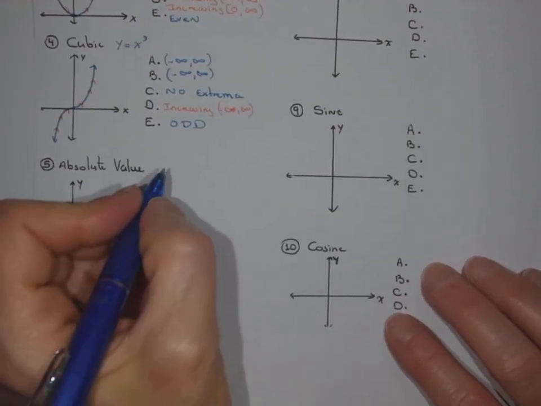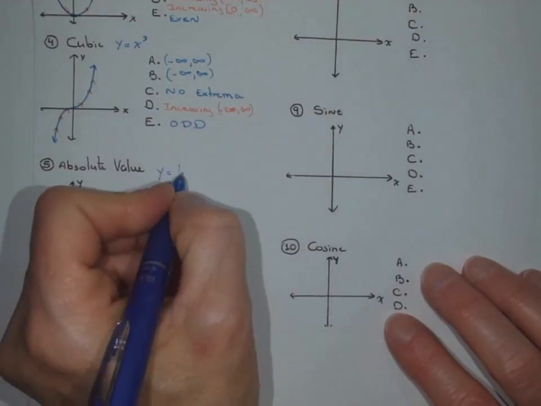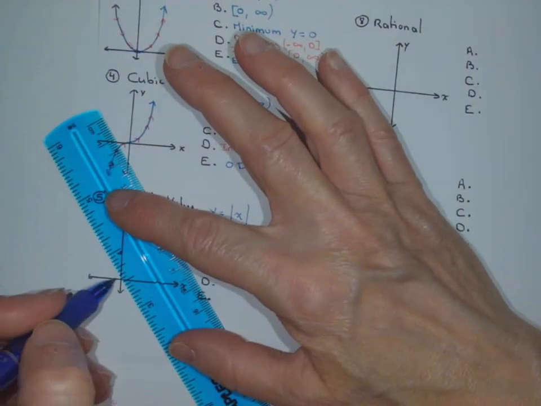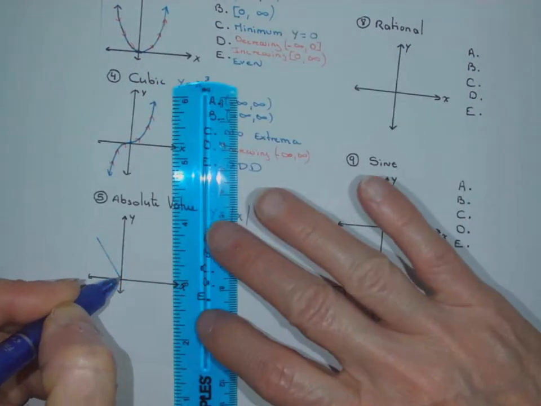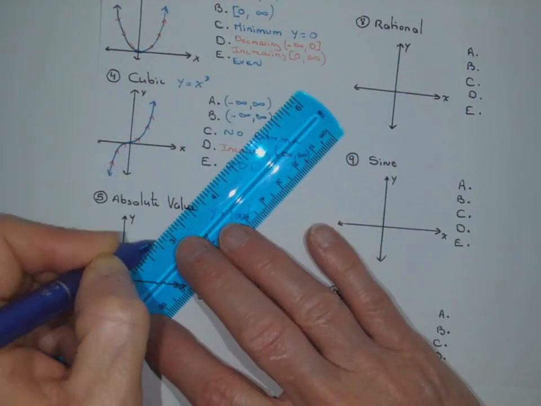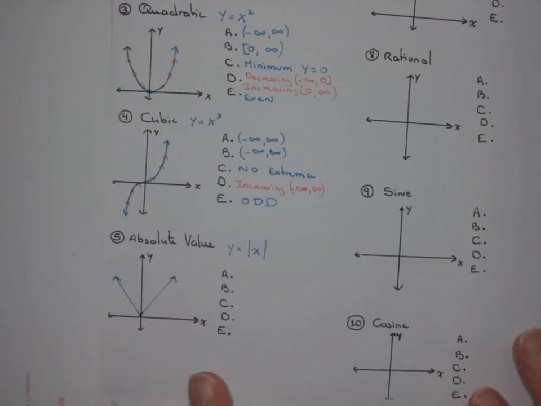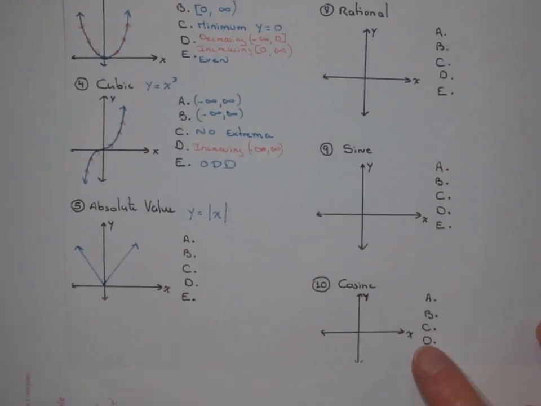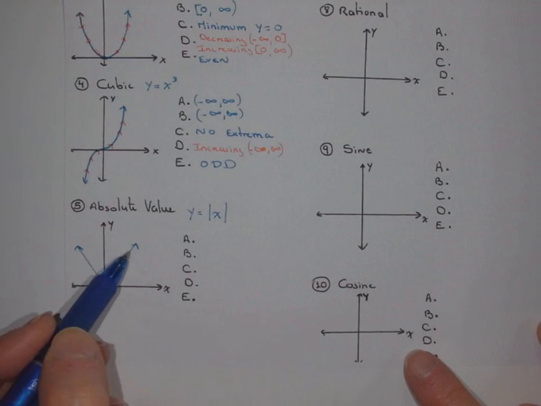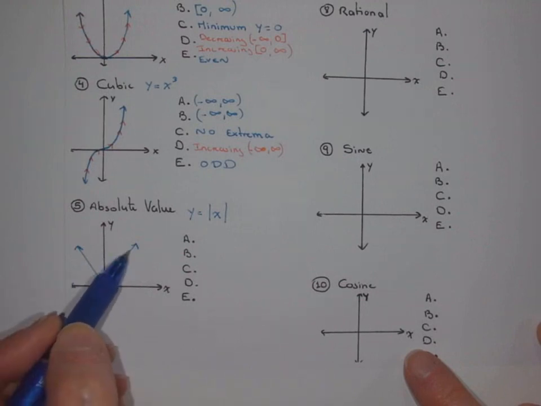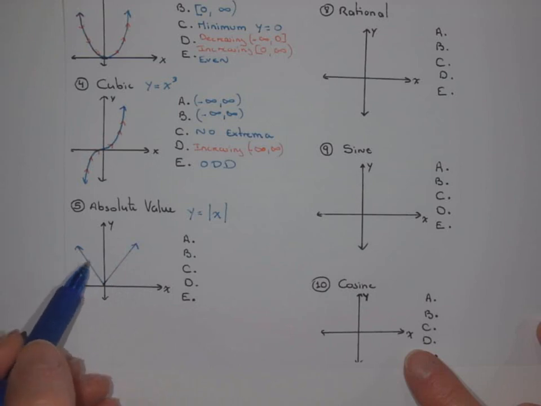Absolute value graph, so that would be y is equal to the absolute value of x, and this would look like that. That's your parent function of the absolute value, and it will have a slope of -1 on the left and +1 on the right.